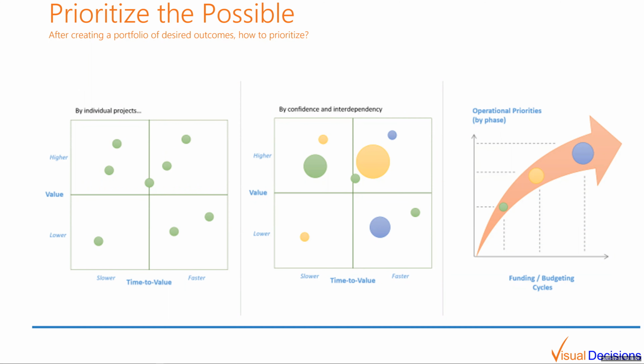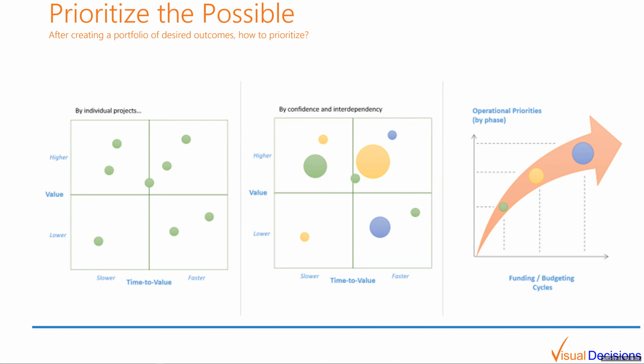What other roadblocks do we have? What are the interdependencies between these different projects that we need to take into consideration, as one builds upon the success of the other? And then also, how well does this tie into the operational priorities of the business, to make sure that we have a real good program and not just individual projects?